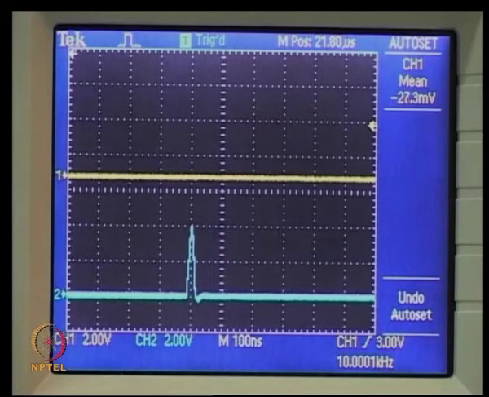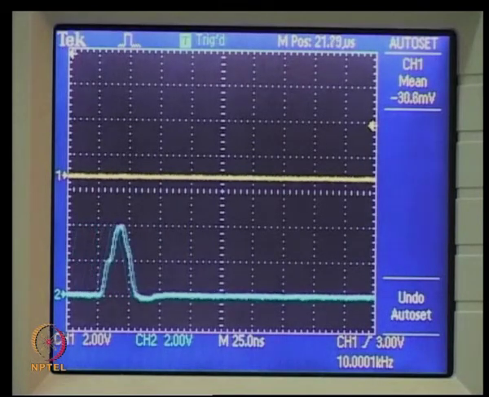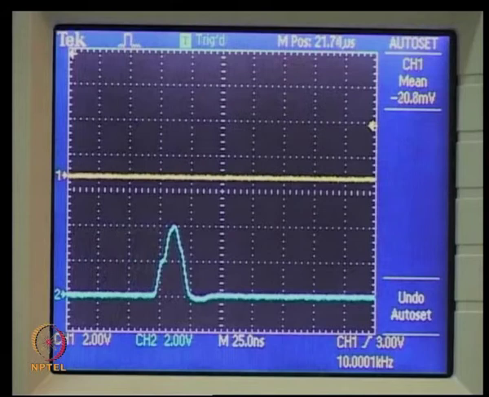This peak corresponds to the first pass in the ring resonator. Here we can clearly see that it is much more elongated as compared to the first peak.